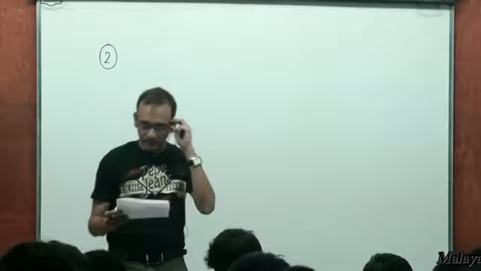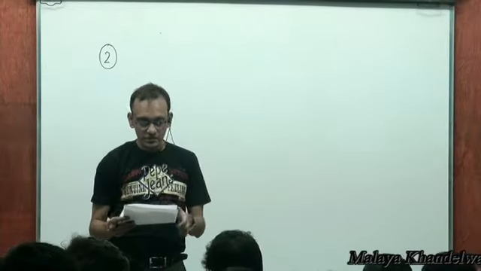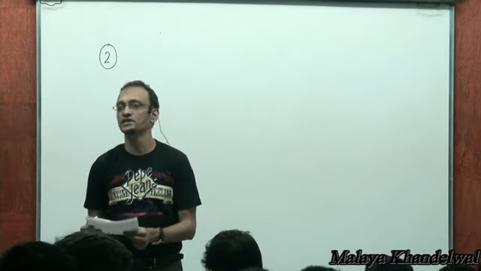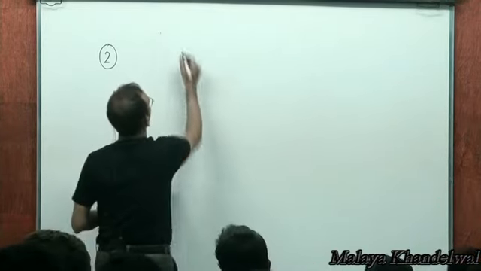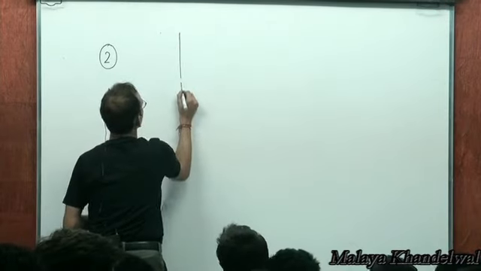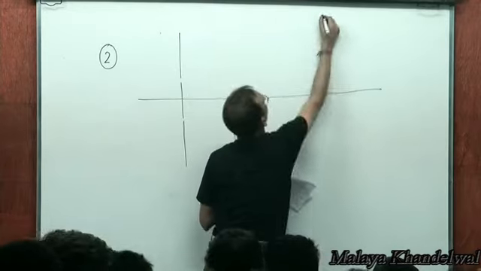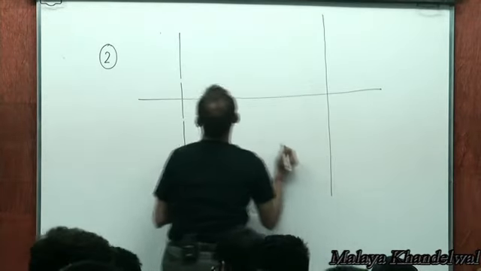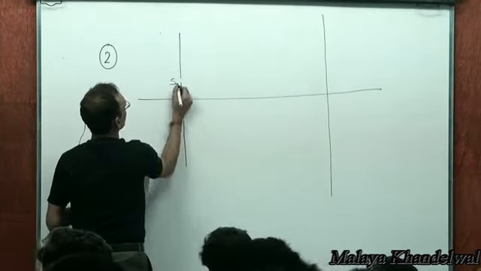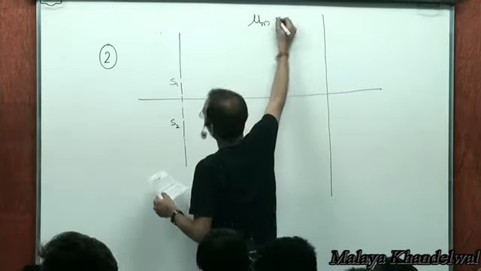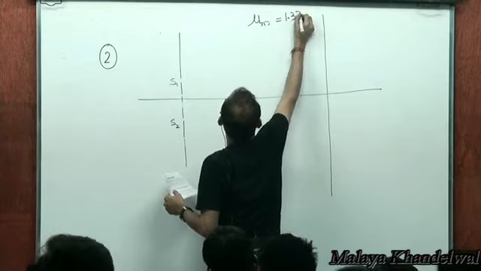In the next problem, a double slit apparatus is immersed in a liquid of refractive index 1.33. That means now the YDSE setup is not carried out in air, but in a medium of refractive index 1.33.